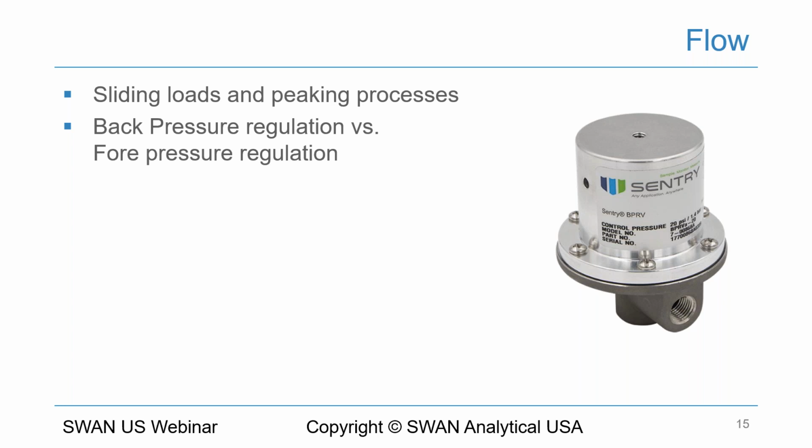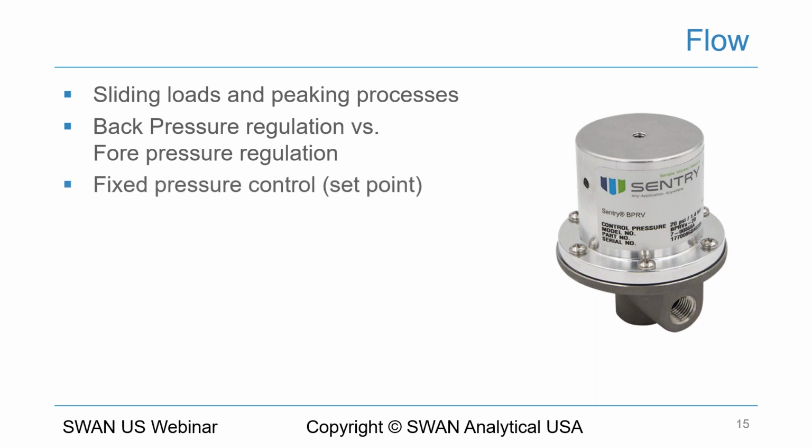With a back pressure regulation device, we actually maintain the upstream pressure at the desired set point, and we take the excess pressures to waste, so that as the load shifts, the only thing that changes is the amount of water going to waste rather than the flow to the analyzer.